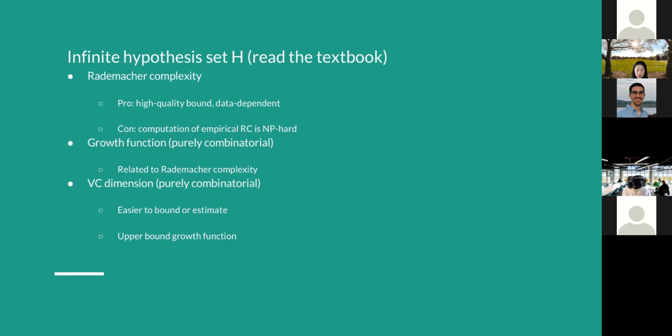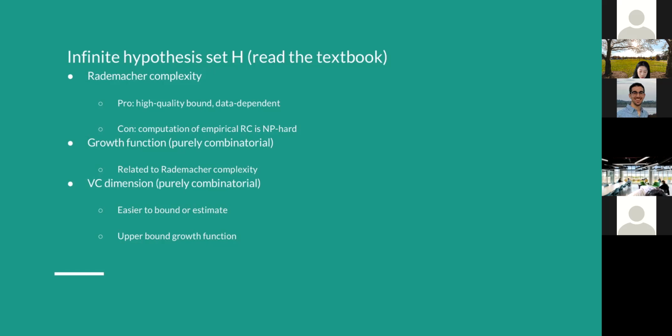Now, the Rademacher complexity gives a very high quality, pretty tight bound, although I cannot guarantee that it's not loose, but it is not as loose as other bounds. It is also data dependent. It's the only data dependent bound that we're going to learn in this lecture.